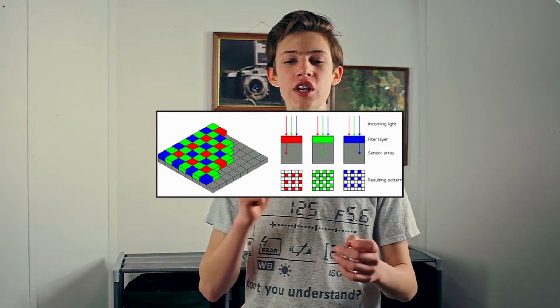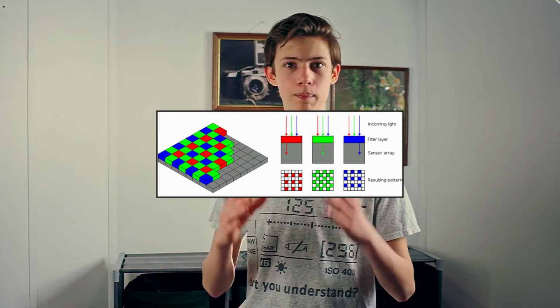How the Bayer filter works is that it's a filter over each individual pixel, which means that one pixel can only see one color. So the Bayer filter is laid out with 50% green, 25% red, and 25% blue pixels. Or typically, Fujifilm and other companies do it slightly differently. Usually the percentages remain very similar though.